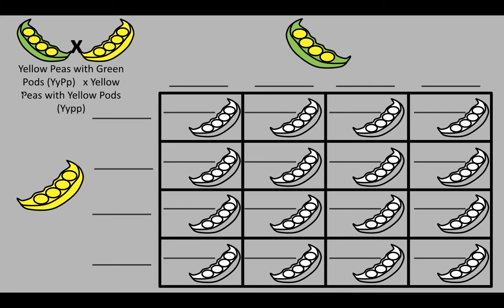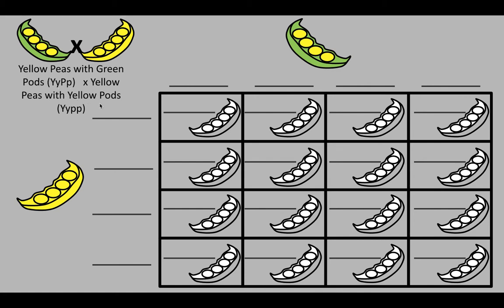Very first thing, we identified the parents' genotypes. Now we're going to see what are the possible combinations. Well, we have a yellow pea with green pods. That's going to be this pea right here, okay? So we could get big Y, big P. We could get big Y, little p. We could get little y, big P, or little y, little p, okay?